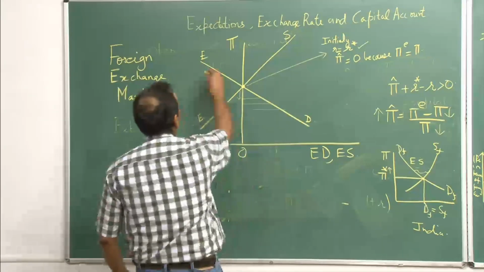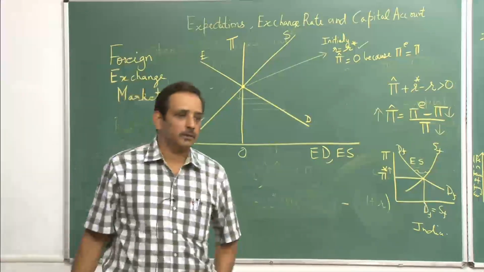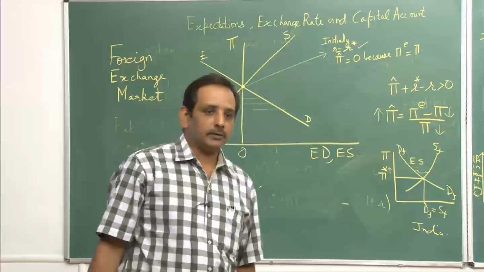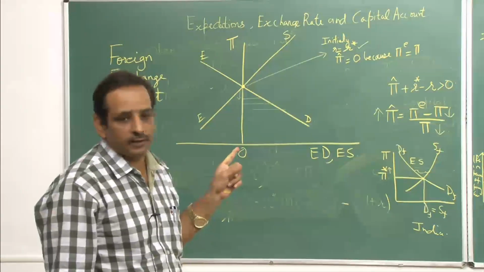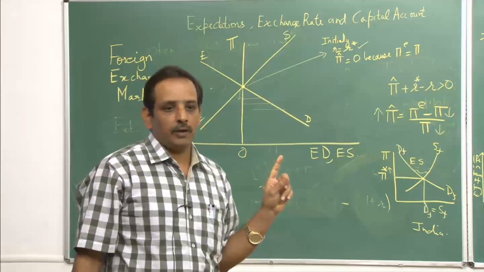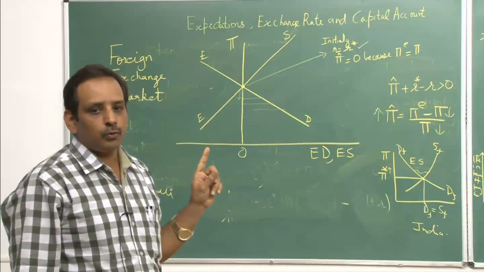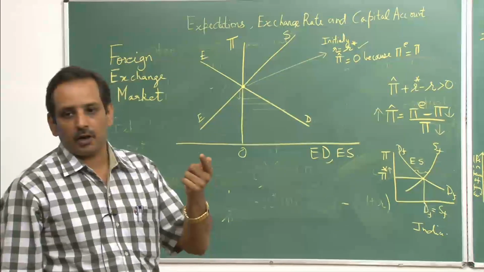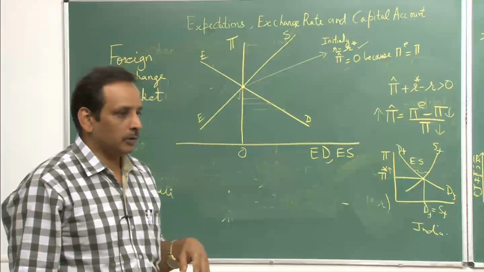So, that is the reason that you have a downward sloping ED curve, but there is another reason. Another reason is that it is downward sloping because you are not risk neutral in this case. You are a risk averse person. When there is an interest differential in your favor, you do not completely switch out of your domestic bonds into foreign bonds.